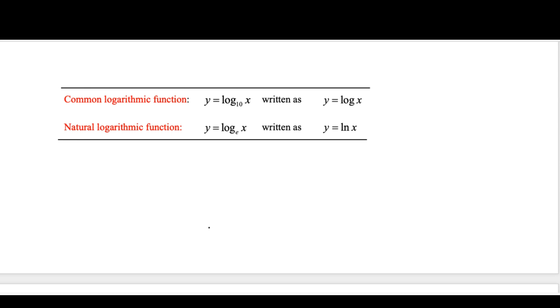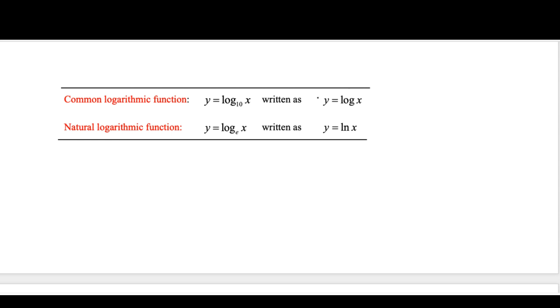It might just be a special key, or it might be a secondary command where you have to press shift and then another key. But you should see somewhere on your calculator a log x and an ln x. If you have any questions about that, feel free to reach out to me, and I can probably help you with that as well.